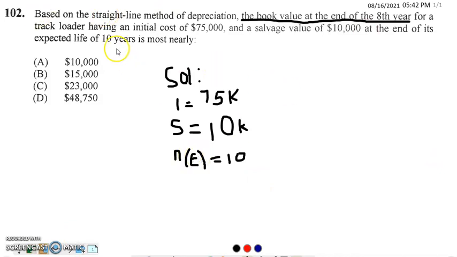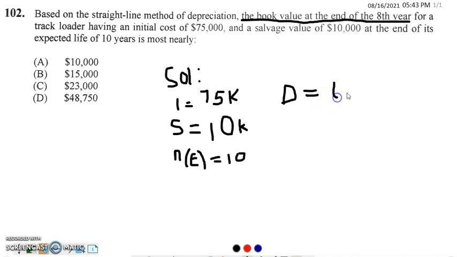The formula that we need to use in this case is called depreciation. We need to find the depreciation first. So D in this case is going to be D equals initial value minus the salvage value divided by the N. Let me write the formula out.